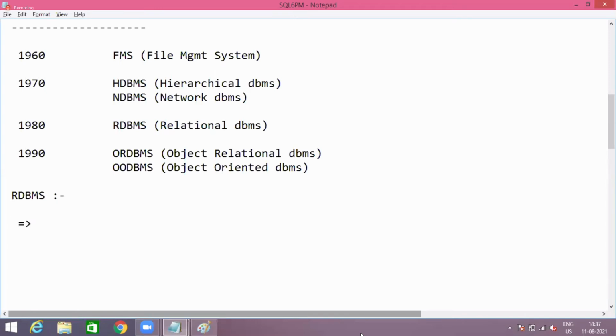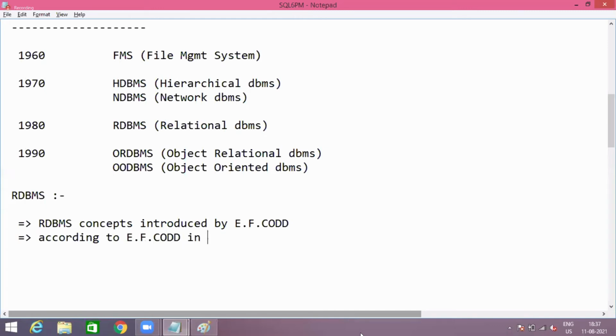RDBMS concepts were introduced by E. F. Codd. He introduced RDBMS based on some mathematical theory. Next, according to E. F. Codd, in RDBMS, in a database, data must be organized in tables.